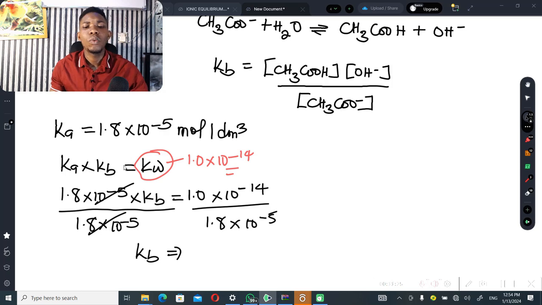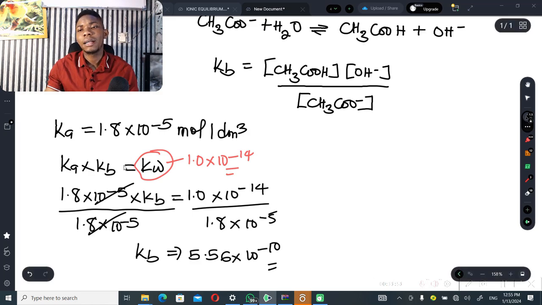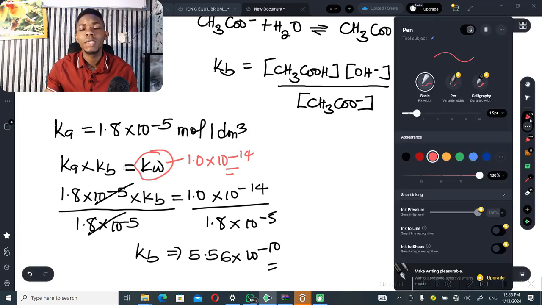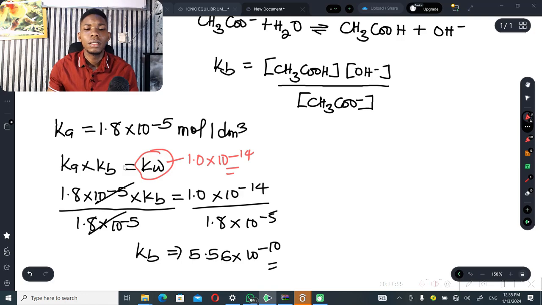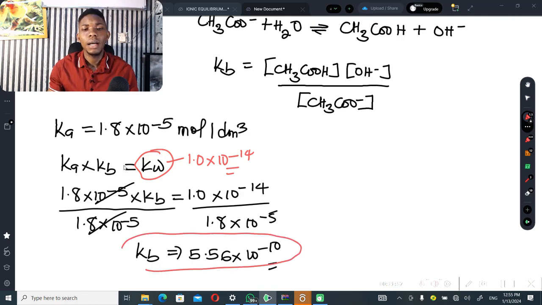Kb would be equals to 1.0 times 10 raised to the power of minus 14 divided by 1.8 times 10 raised to the power of minus 5, which will give us 5.56, let's approximate it, times 10 raised to the power of minus 10. So this is our Kb. Is that okay? This is the value for our Kb.